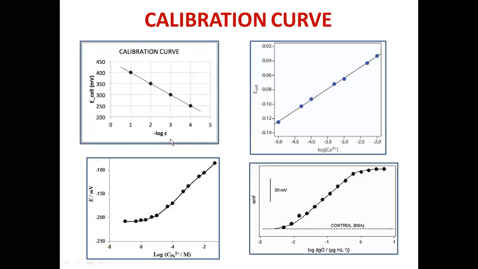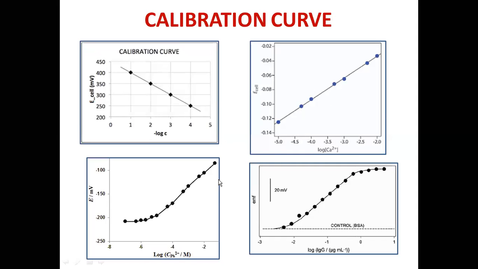If you put minus logarithmic concentration of analyte on the abscissa, this curve will be the mirror image of the straight line obtained when considering only the logarithmic concentration of the analyte. So these are ideal curves where the Nernstian slope will be obtained. Therefore, these are ideal calibration curves.